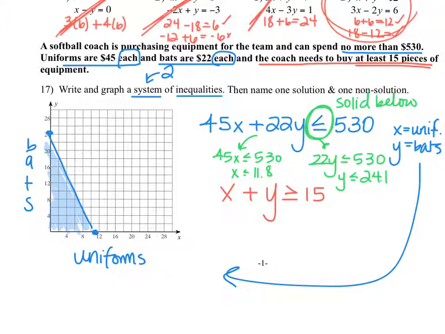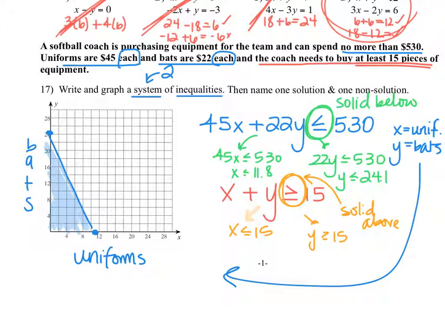All right, now, my second equation is a little bit easier when it comes to solving for intercepts because I don't really have to worry about dividing. My two intercepts here, let me get my pen back out, are going to be x at 15 and then y at 15. And we should state what this symbol tells us to do, and that is I should be solid, and this time above.